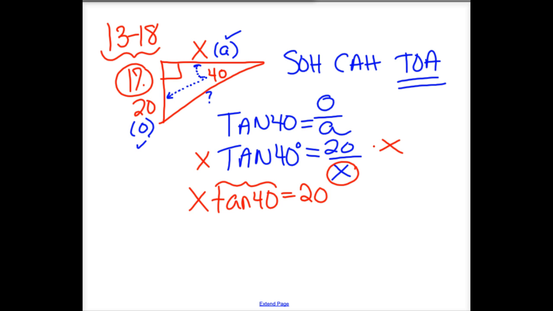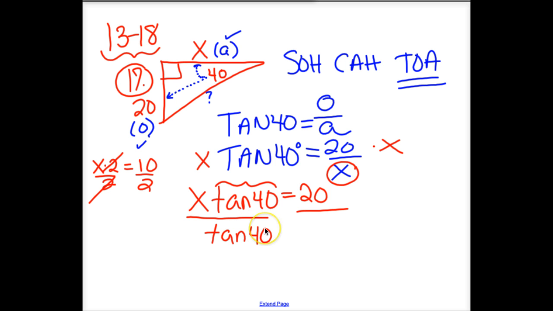How do I solve something like x times 2 equals 10? I divide both sides by 2 to get that to cancel. That's exactly what I'm going to do here. I'm going to divide both sides by the tangent of 40 degrees, which is a number, and it cancels off. So I'm going to go to my calculator and do 20 divided by tangent of 40, and I'll get that missing side length.